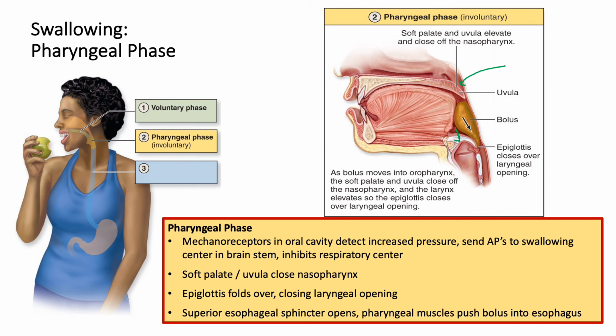Speaking of, the medulla is also going to inhibit the respiratory center so we don't try to breathe simultaneously. That could lead to choking, and you can give it a shot. It's impossible to swallow and breathe at the same time, thanks to this mechanism. And the last thing we're going to see is that the superior esophageal sphincter is going to open, and then pharyngeal muscles are going to push that bolus into the esophagus.